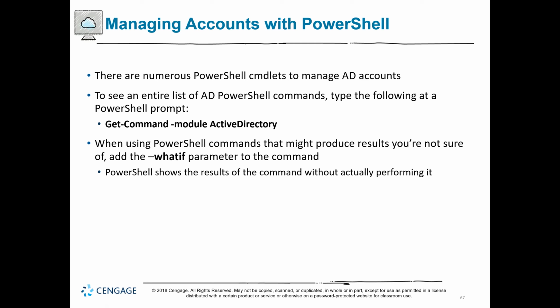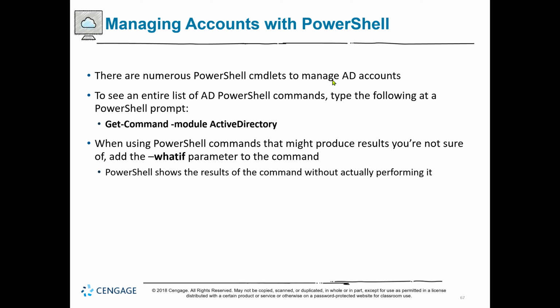When using PowerShell commands that might produce results you're not sure of, add the -WhatIf parameter to the command. Again, something else that's helpful. It's kind of like saying, so what if I do this? Am I going to break everything?